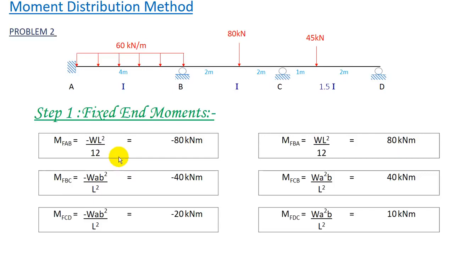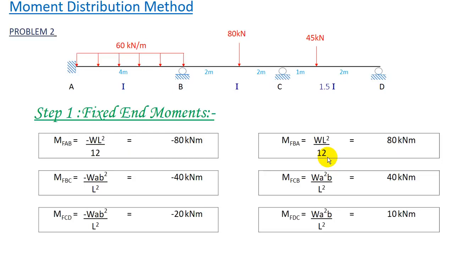It is because this UDL tries to bend, or sag, my beam in this manner, and thus a resisting anti-clockwise moment is generated at A, and anti-clockwise according to my sign convention is negative. That is the reason I have taken it as negative. So it is minus 80 kilonewton meter.